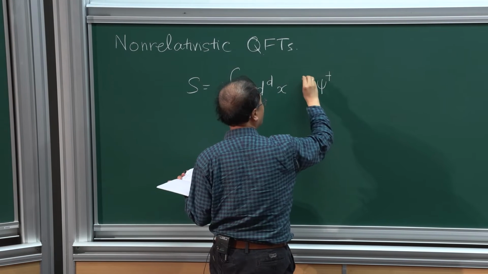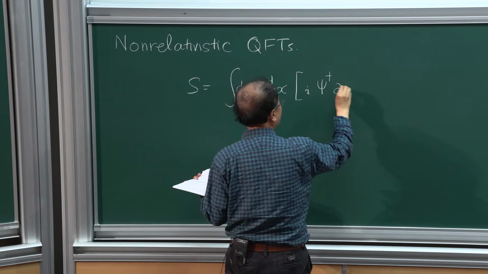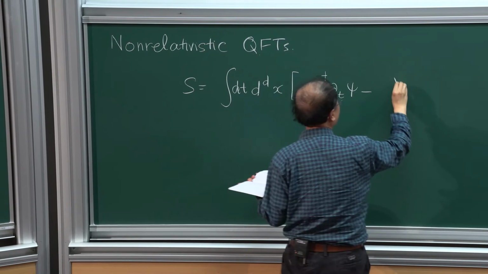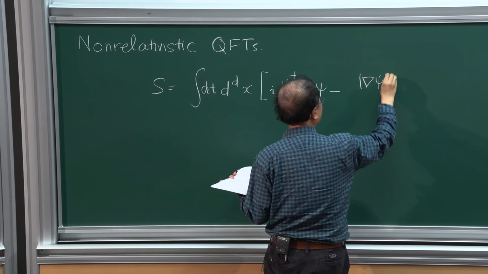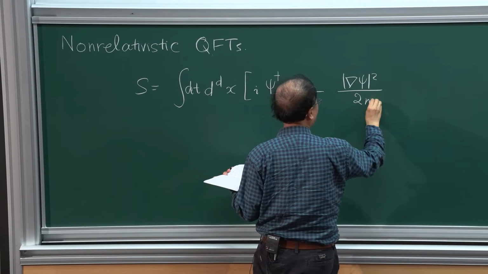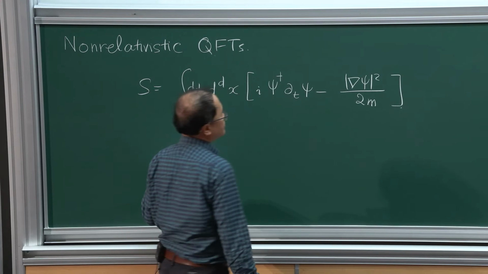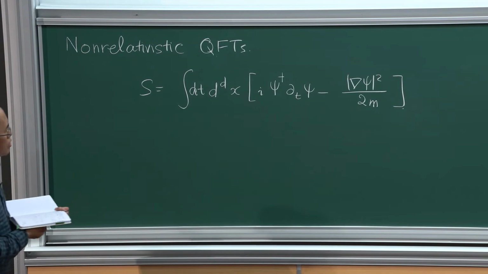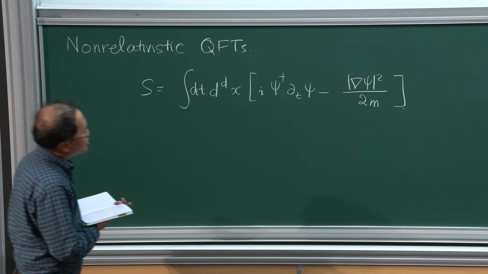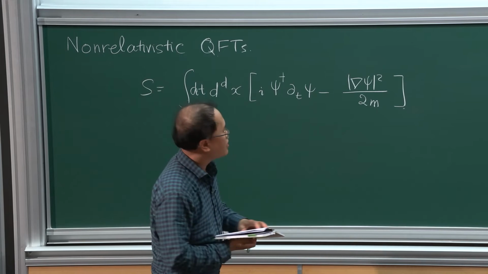Psi dagger, so let me write this way, i D_t psi minus grad psi squared over 2m. This is the simplest non-relativistic field theory.